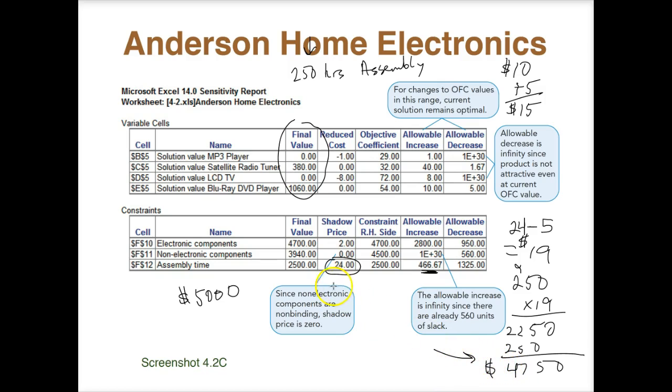So what you would want to consider doing is either increasing the amount of assembly time available, or you may want to just jettison the whole idea, because you're saying, if I can only afford up to 250 additional hours, but it's not going to get me to that $5,000 goal, then it's not worth my time to do it.